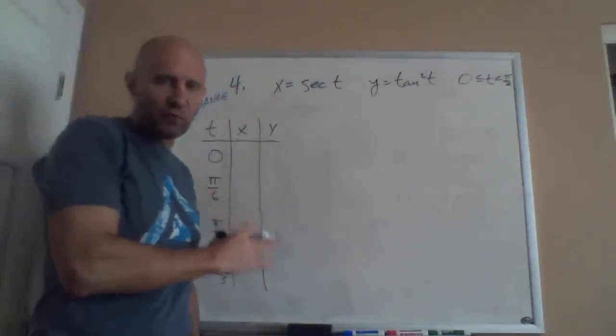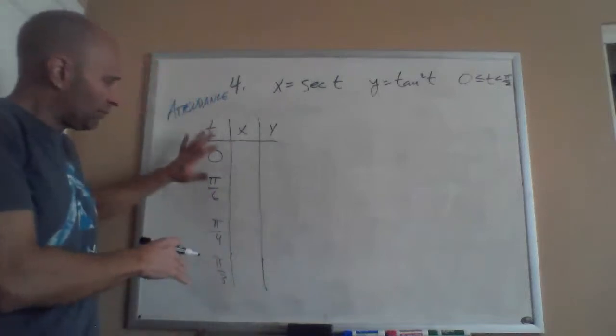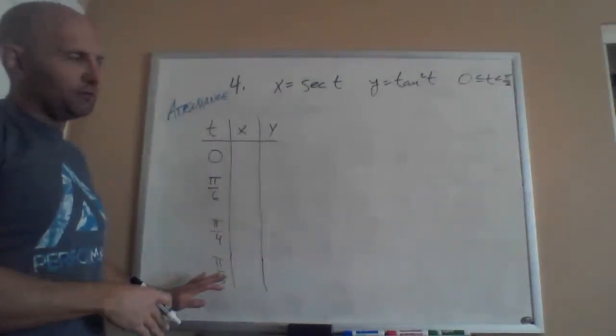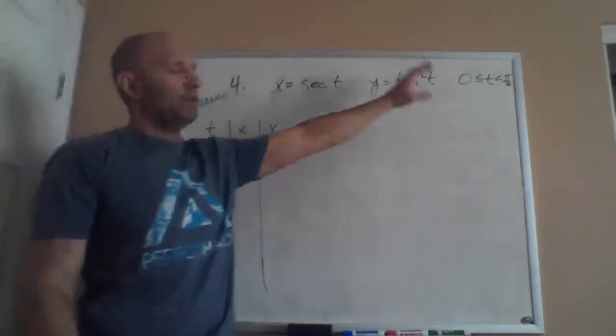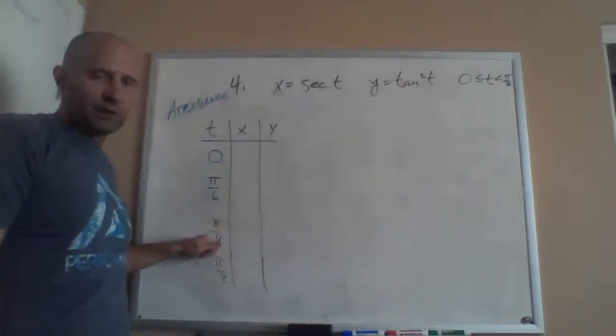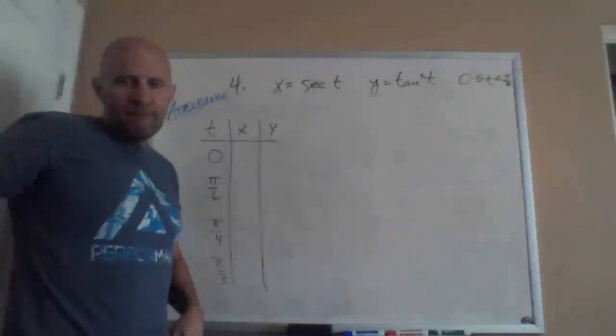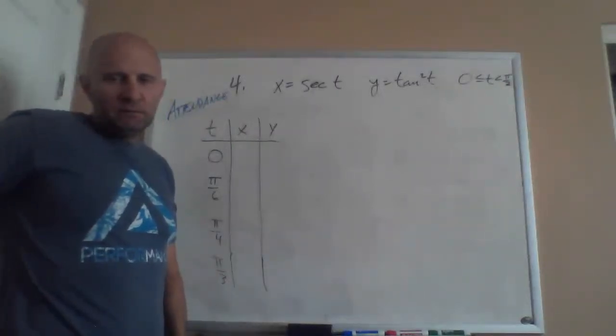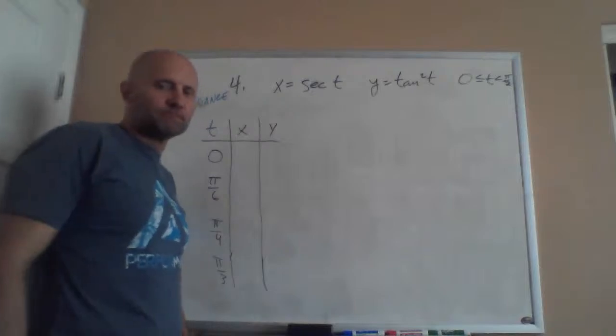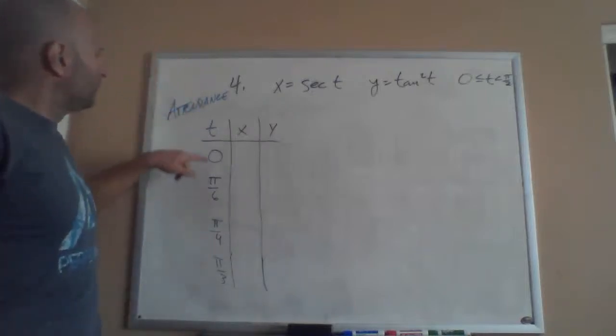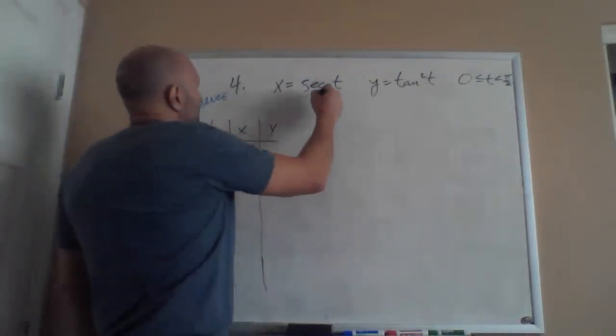So does that make sense before I move on? While in the last example we used all the values from the unit circle, in this one we're restricted, so we can only choose these guys. Okay, I guess so.